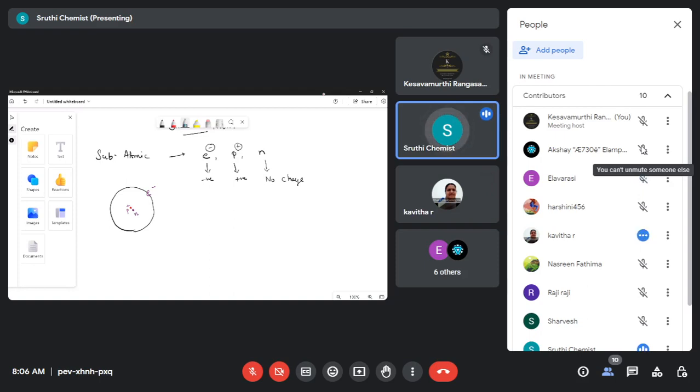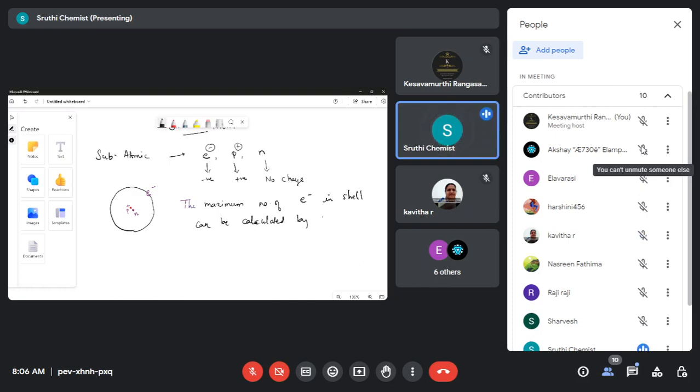How many electrons are in the L shell? See, we have a formula for that. The maximum number of electrons in a shell can be calculated. What is the formula? 2n square. Very good. It can be calculated by 2n squared.